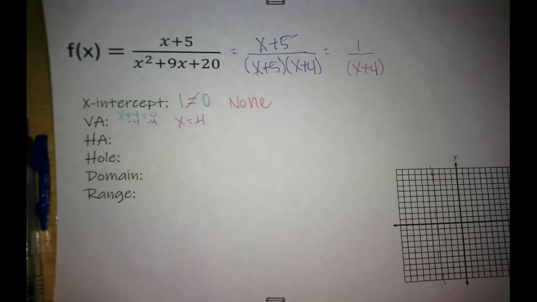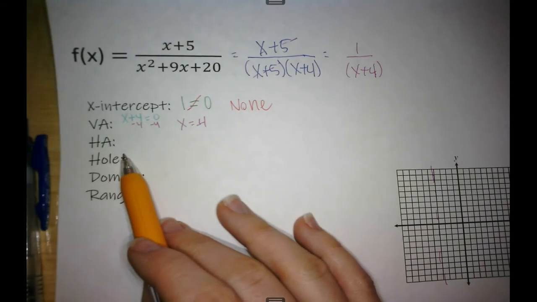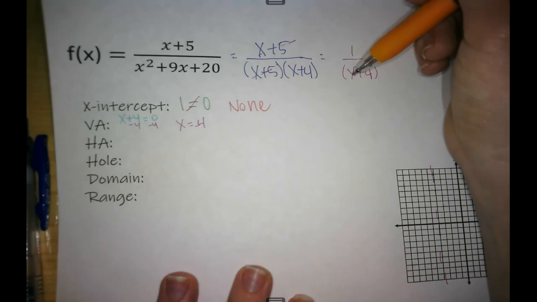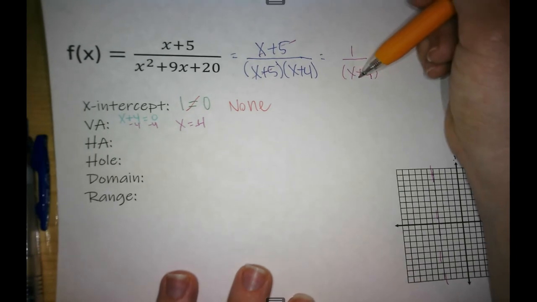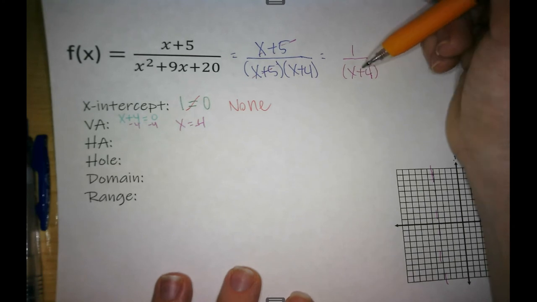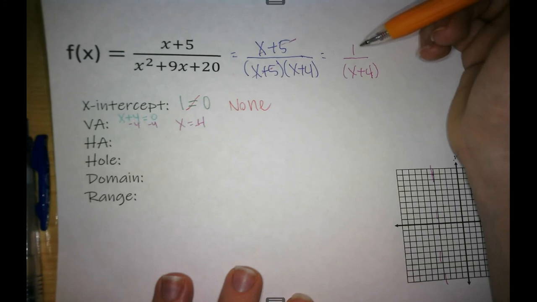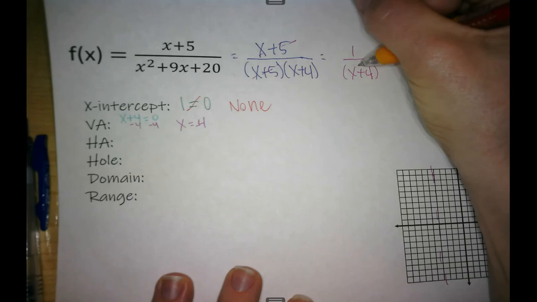Horizontal asymptote. We are looking at the degree of the top over the degree of the bottom. We don't have a degree on the top, but we have a degree of 1 on the bottom.